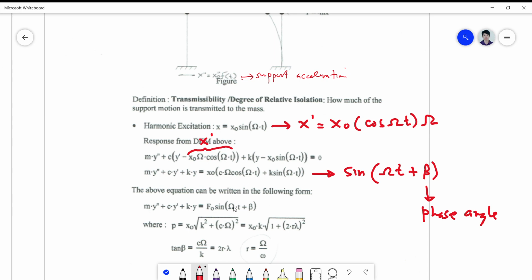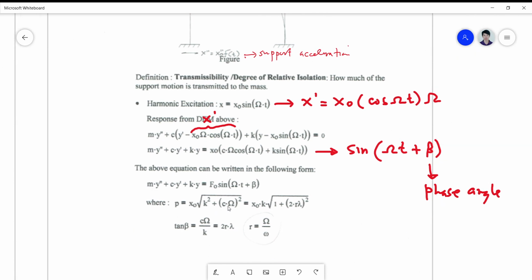If we take a look into a detailed derivation, from this going to this, we now define another variable p. So p is equal to x0 times the square root of k squared plus quantity c omega squared, which is a much simpler x0 k.